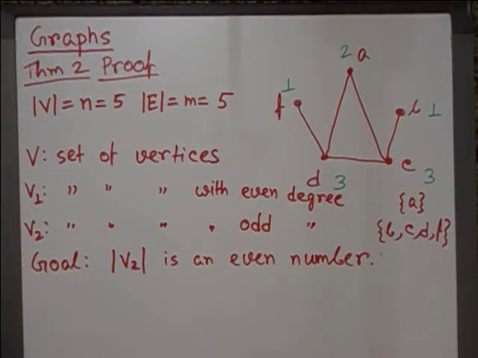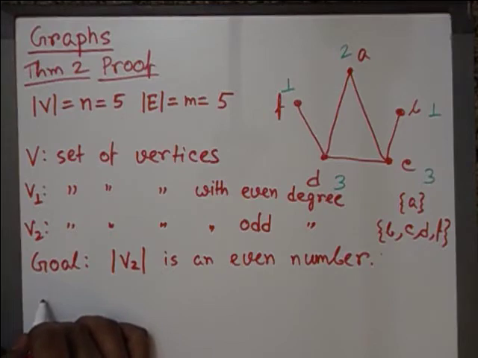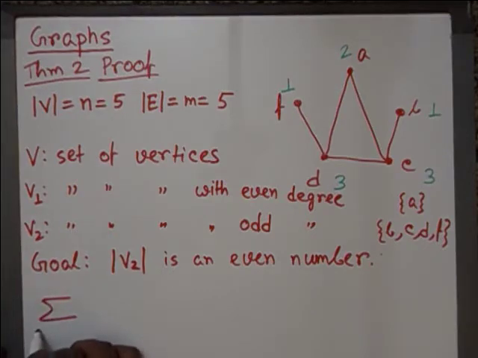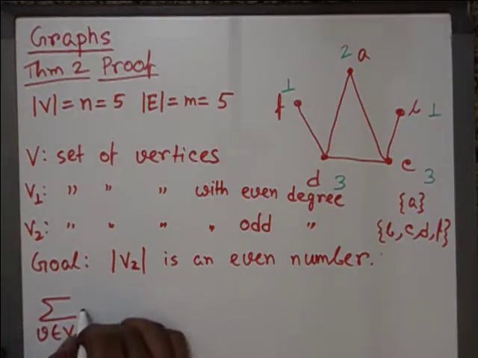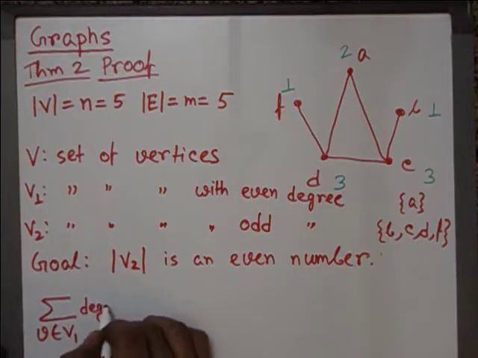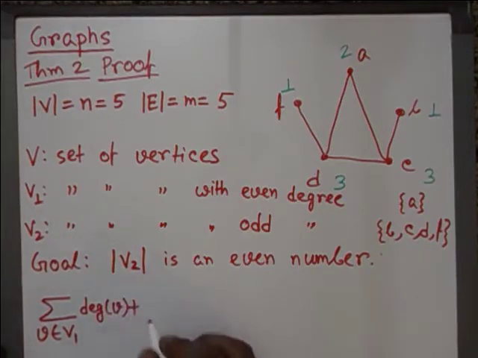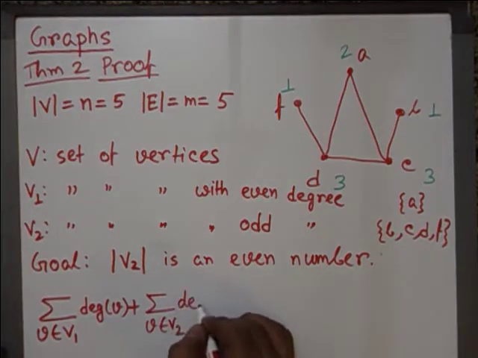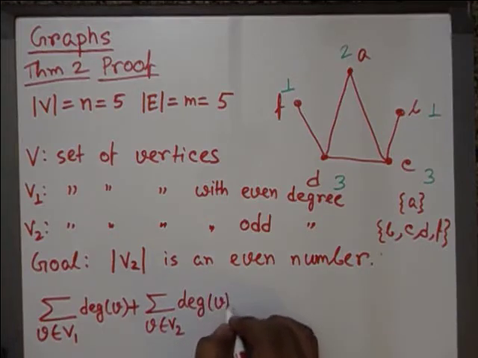What do we know? We know that if we add the degrees of all these vertices in V1 plus if we add the degrees of all the vertices in V2, what do we get?